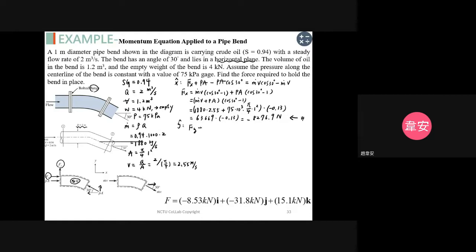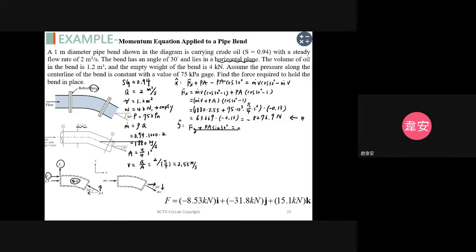So it's plus PA sine 30 degrees, equal to the only momentum flow along the Y direction, and this is the outflow momentum.